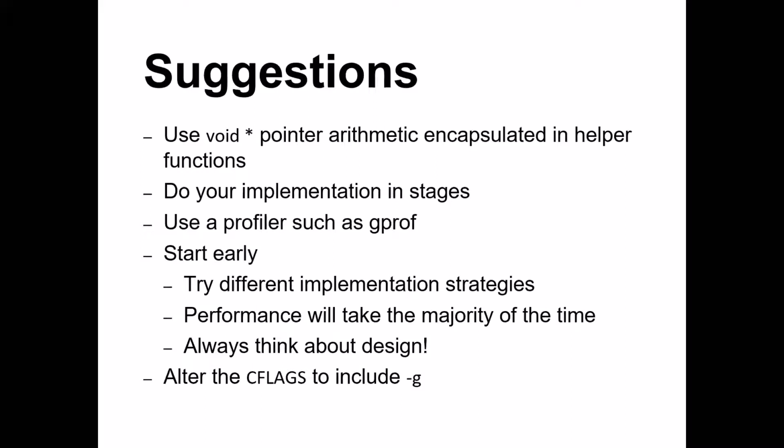And again, use Dr. Bach's implementation as a basis for this, because he's written a lot of it already, and that's going to help you a lot instead of trying to do it from scratch entirely. Start early, even though it's not a huge project, meaning it's not a lot of code. It is a lot of complex code. And trying to get your performance score up is going to take a lot of time.